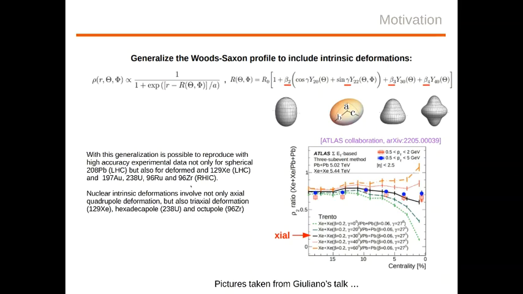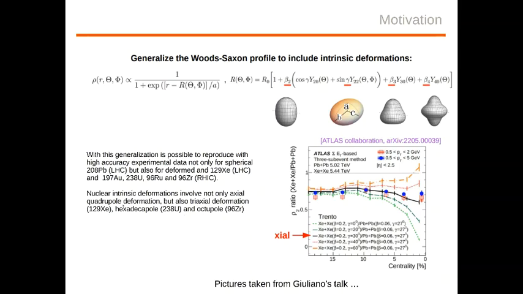not only for spherical systems like in the previous example of lead-208, but also in some other examples corresponding to experiments that have been performed mostly at RHIC, but also at the LHC, that correspond to deformed nuclei like xenon-129, gold, uranium, ruthenium, and zirconium, right?